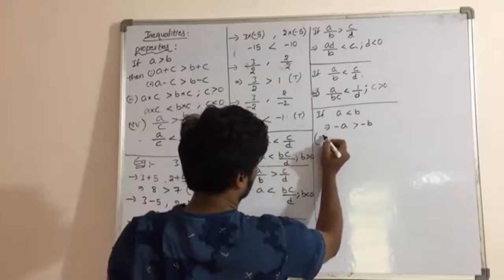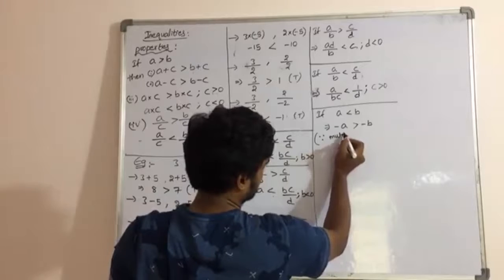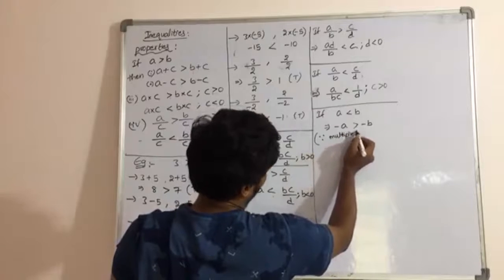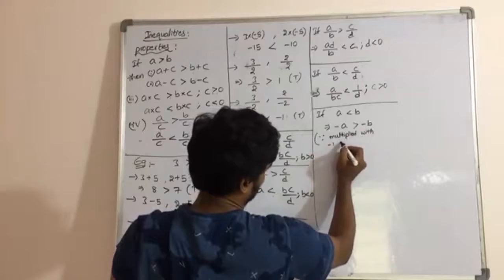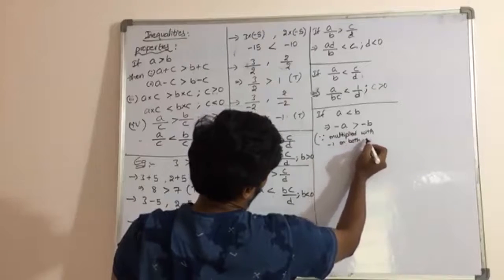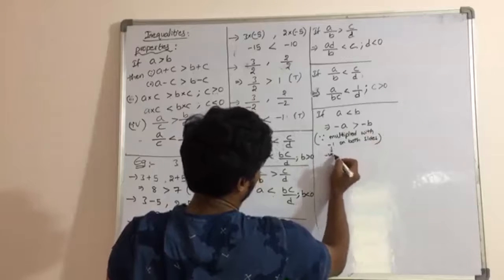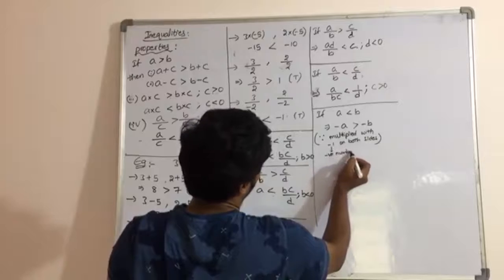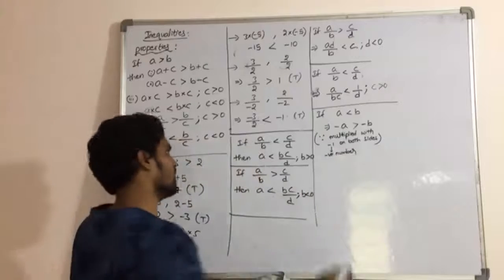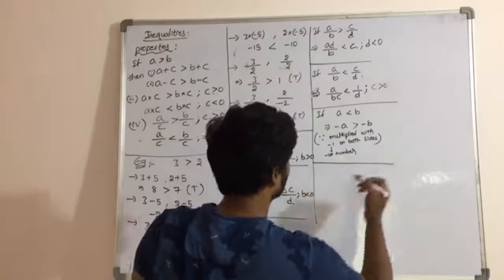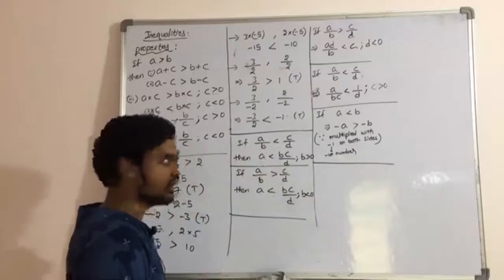The reason is that minus 1 is a negative number. That is the specific reason why the inequality changes. So if A is less than B, then minus A is greater than minus B.